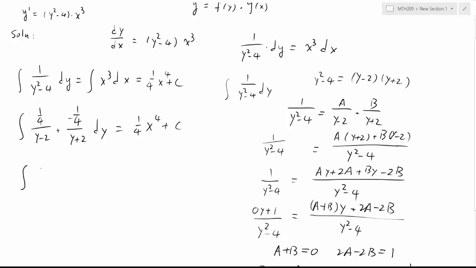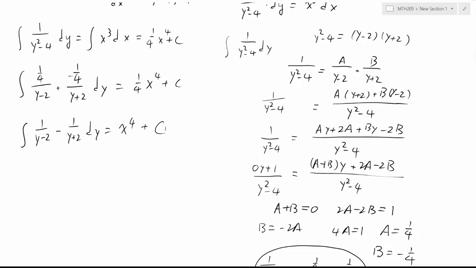So what we have is the integral of 1 over (y minus 2) minus 1 over (y plus 2) dy is equal to x to the fourth. Now here should be 4c, but we know c is an arbitrary constant, so we don't have to do that. Just another constant c.